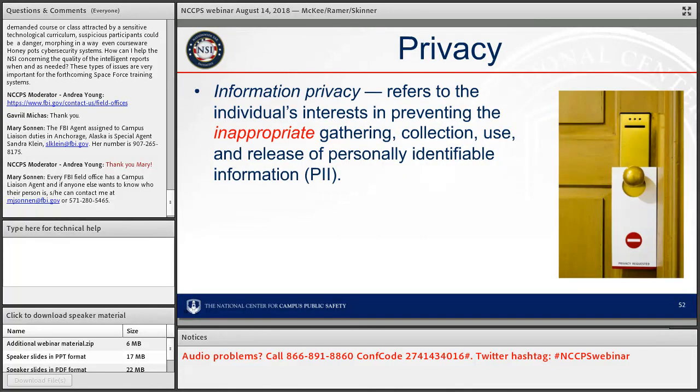So let's talk about the term privacy. Privacy is a broad concept. In the words of Supreme Court Justice Louis Brandeis, privacy protects the right to be let alone. If you go looking for this term, you will not find an explicit right to privacy in the U.S. Constitution. It is not specifically mentioned in the Bill of Rights.